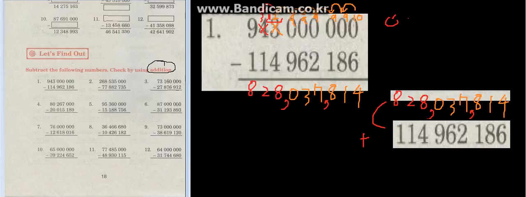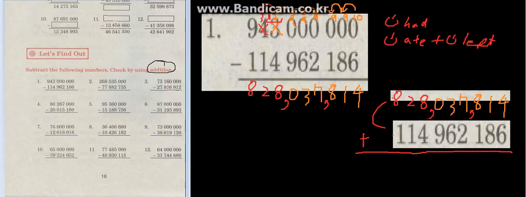To know the apples that you have, you add the apples that you ate plus the apples that are left. It is the same way. So I'm going to add the difference and the subtrahend. If the value is correct to the apples that we had, which is the minuend, then my answer is correct.